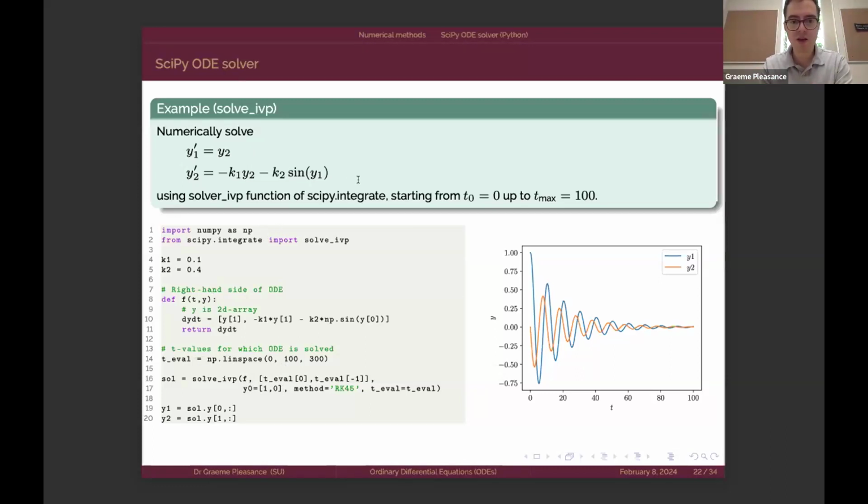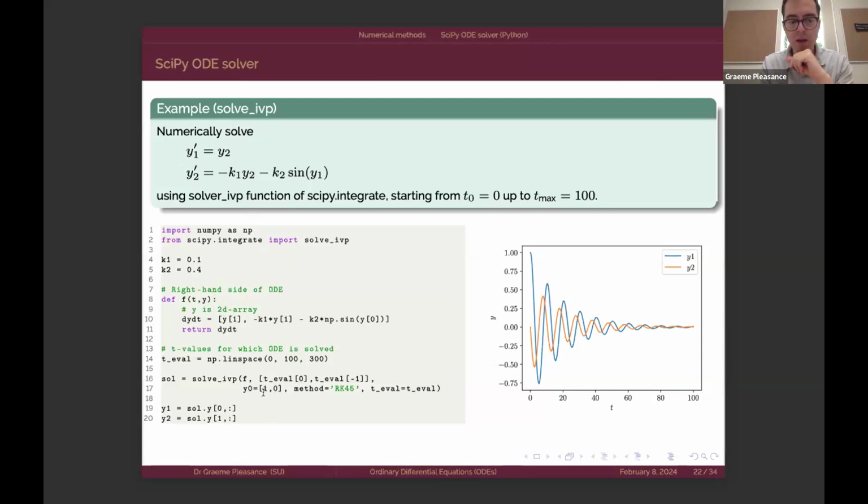I haven't specified this in the example panel, but here I've chosen y1 to have an initial value of 1, and y2 to have an initial value of 0. Again, these are arbitrarily chosen values. But it's important to point out that the ordering here corresponds to the ordering that's specified in this function.